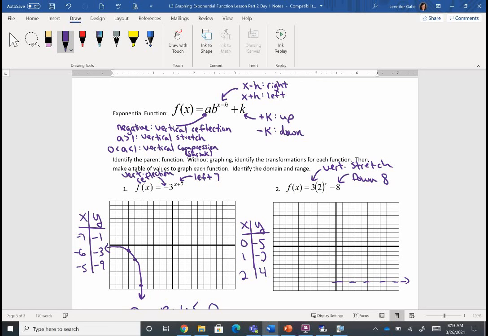You guys don't necessarily have to because there's already a line on the graph there for -8. And we have 0, -5, 1, -2, and 2, 4. We're going to get close to -8, not touch or cross it. And we're just going to go through those other 3 points that we found.